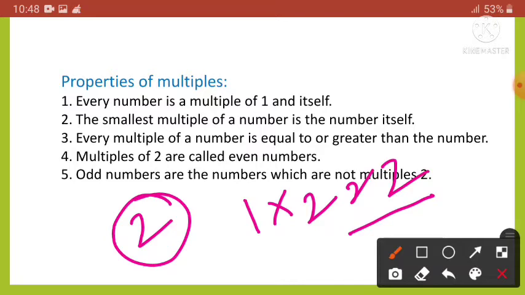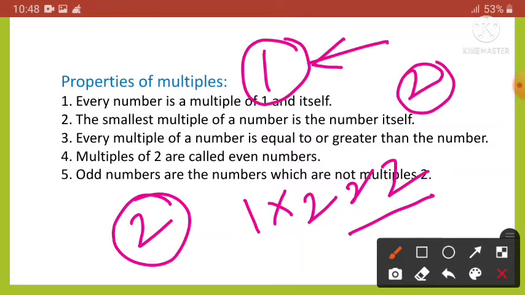So every number, here 2, is a multiple of 1 and the number itself. You can see in both number tables, the 1 table and the 2 table, we have the number 2. So every number is a multiple of 1 and itself.